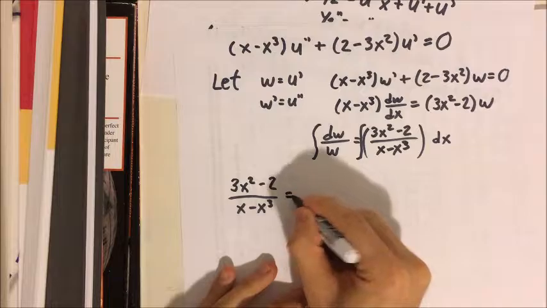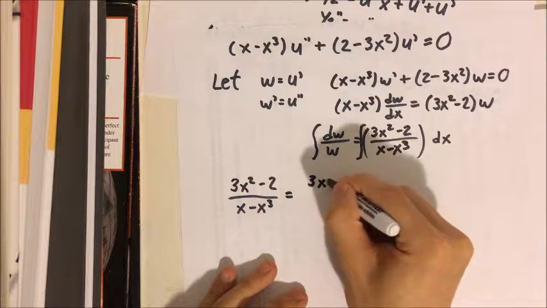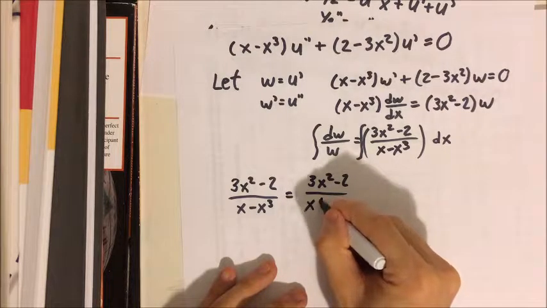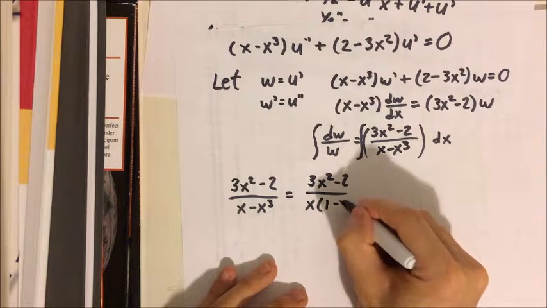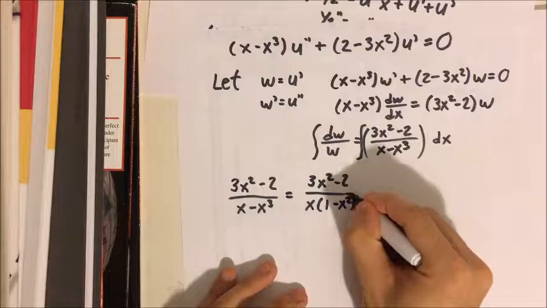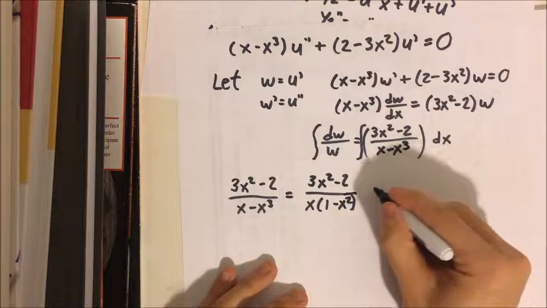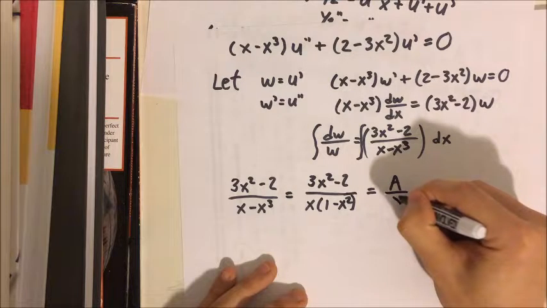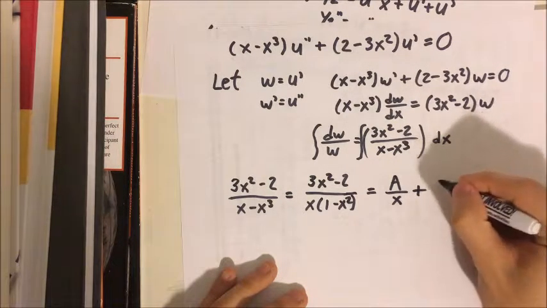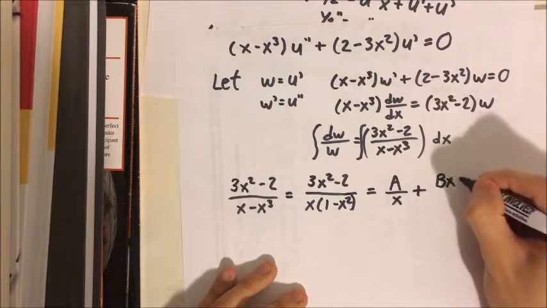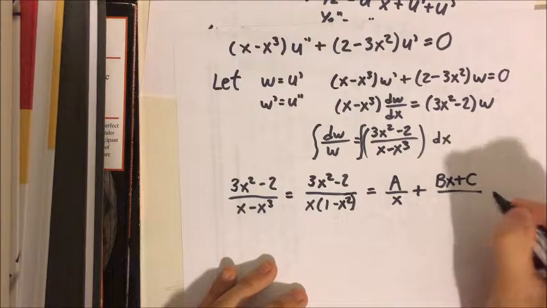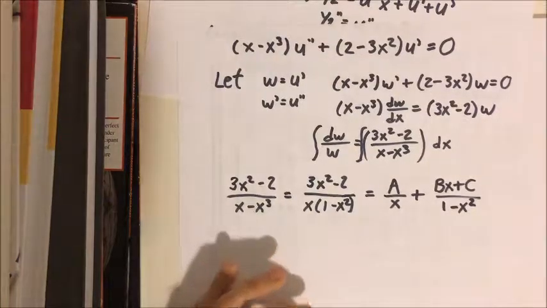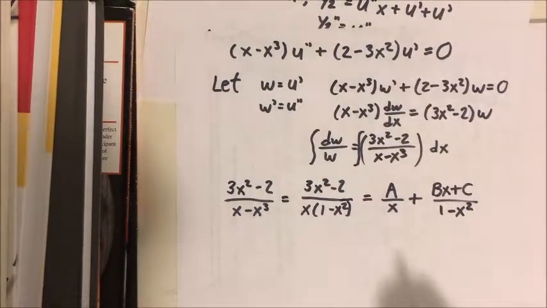We know that this is equal to (3x squared minus 2) over x times (1 minus x squared). And this is going to be equal to the sum of a over x plus (bx plus c) over (1 minus x squared).